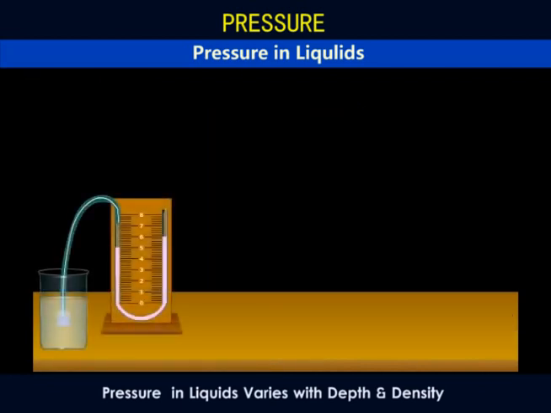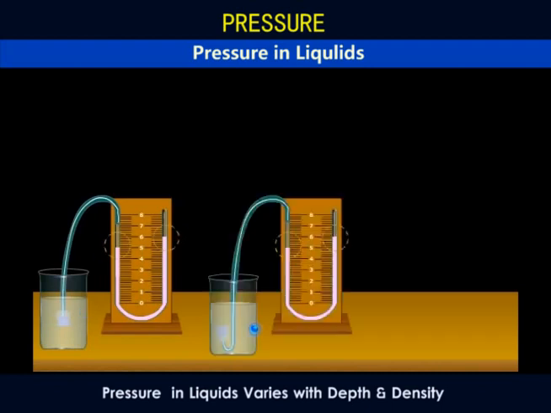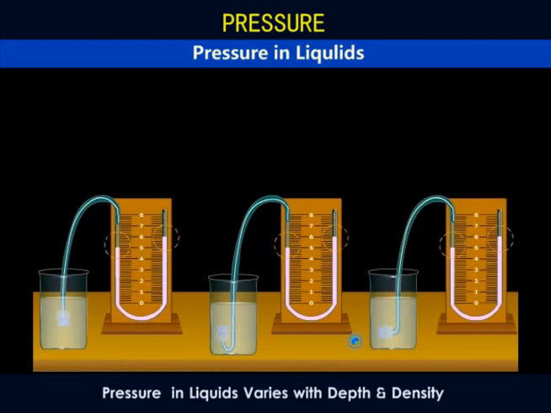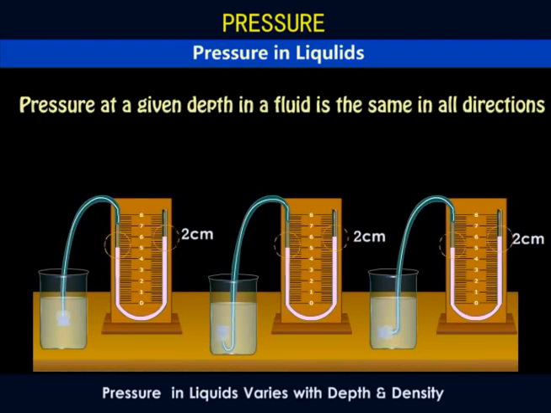Finally, we note the difference in the levels of the liquid column with the thistle funnel pointing vertically downwards, vertically upwards, and towards the sides of the tall cylinder. We notice the difference is the same for all the three, and this shows that pressure in a fluid is the same in all directions at a given depth.